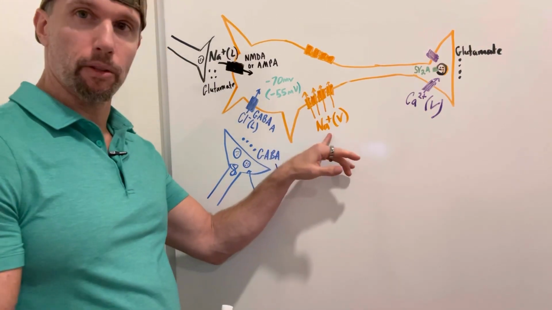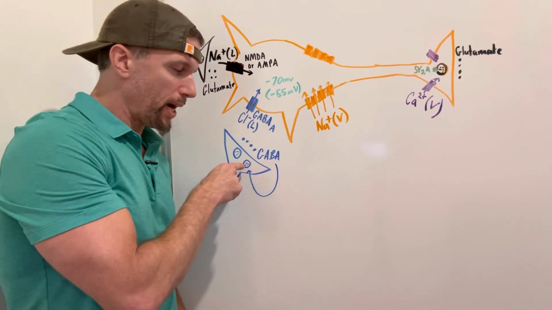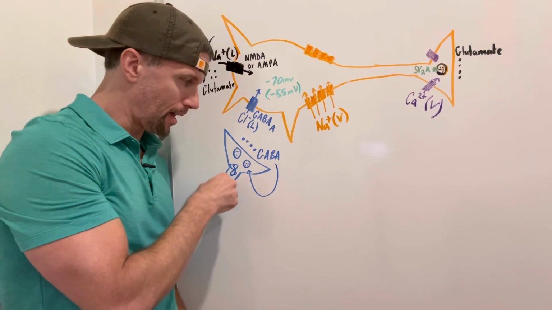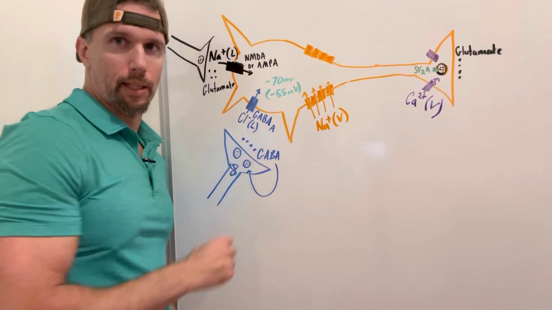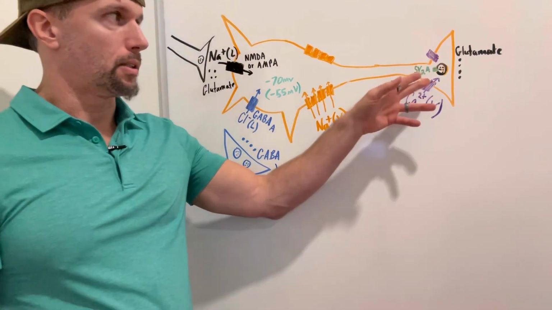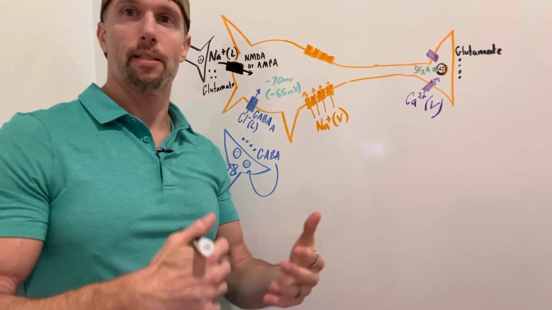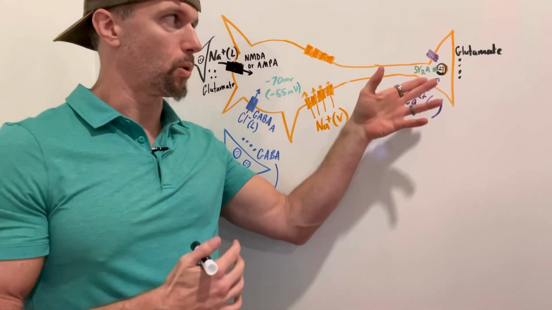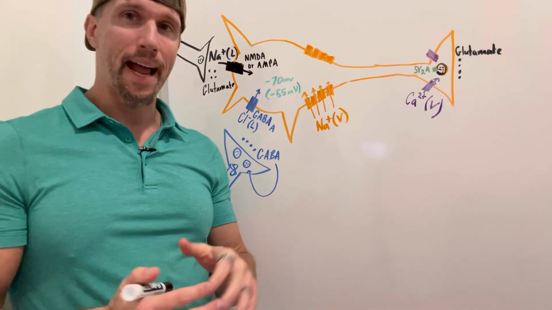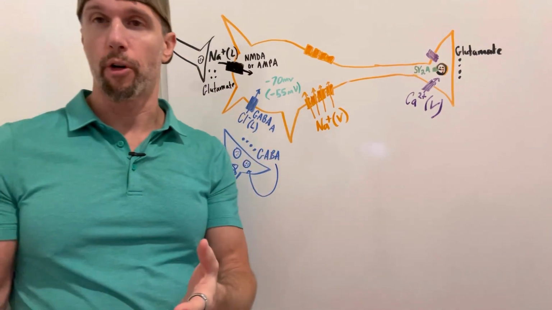It blocks sodium channels here, and it also prevents the breakdown of GABA by blocking this GABA transaminase, allowing more GABA to be released with each action potential. And then levetiracetam is the one that blocks the SV2A protein and prevents that calcium interaction that's needed for the neurotransmitter to be released.